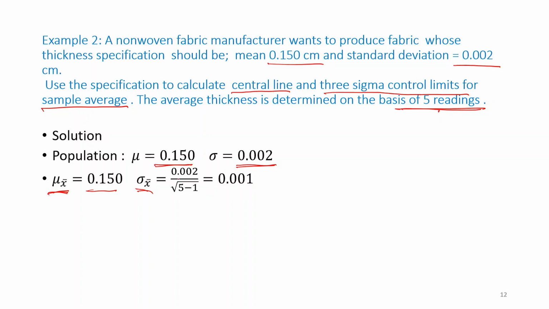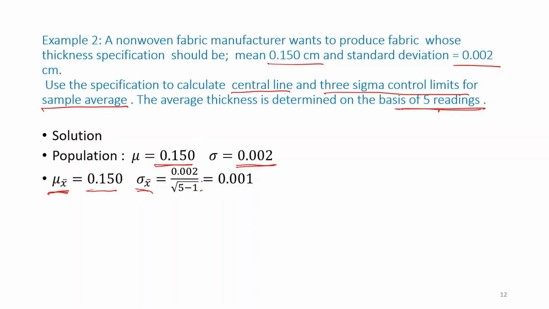It will be 0.002 by root over 5 minus 1, because the number of readings is small. So the degree of freedom should be 5 minus 1. If it is 30 or more, then we need not bother about this.